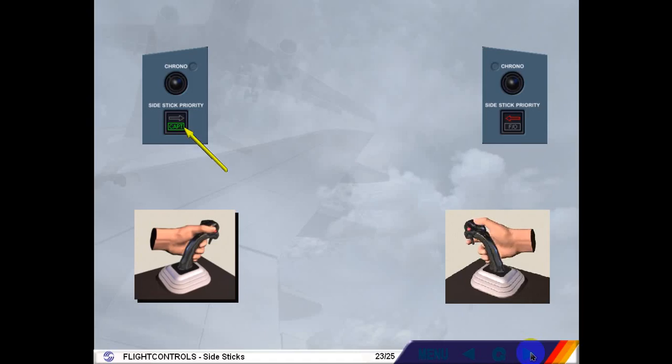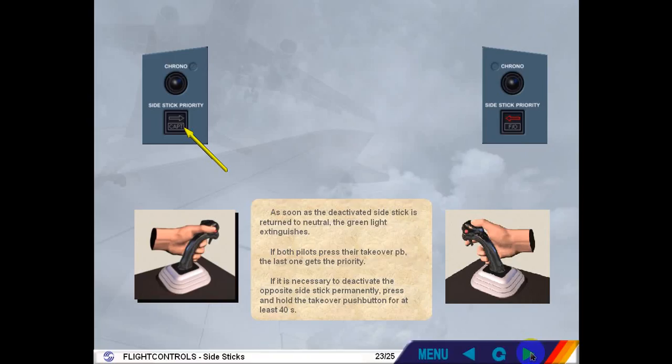As soon as the deactivated side stick is returned to neutral, the green light extinguishes. If both pilots press their takeover push button, the last one gets the priority. If it is necessary to deactivate the opposite side stick permanently, press and hold the takeover push button for at least 40 seconds.